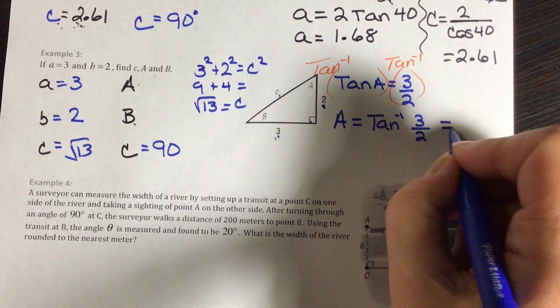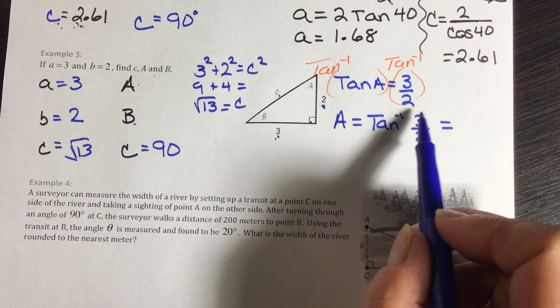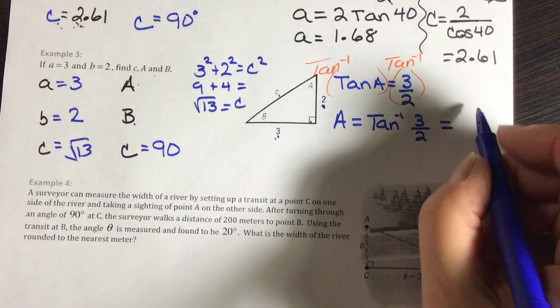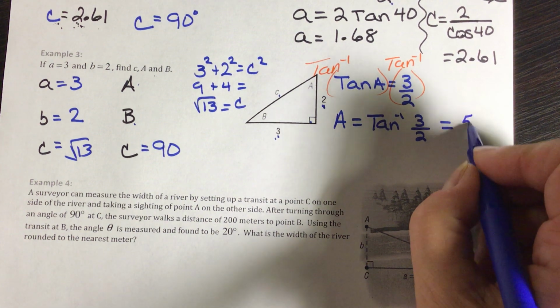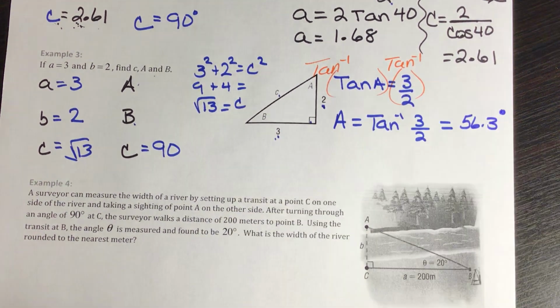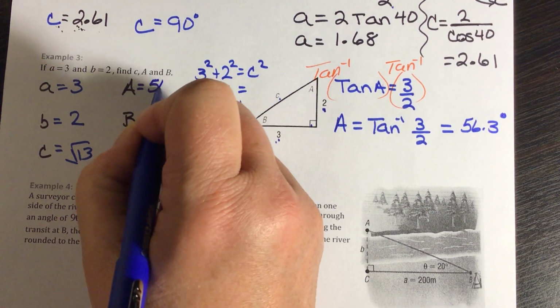And if you do that on a calculator or on Desmos, inverse tangent 3 divided by 2 is 56.3 degrees. And that is angle A.